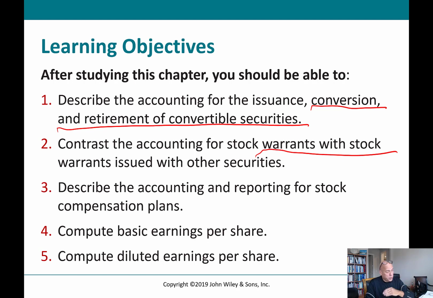Warrants are typically attached to something like debt. If the warrants can trade separately from the debt, in other words, I can take the warrants and trade them separately, then upon the issuance of the debt, the bond, I will have to account separately for those warrants. We'll see that process a little bit as well.